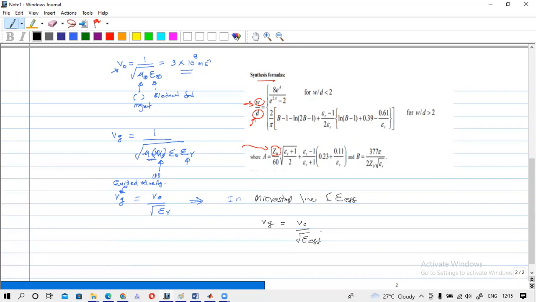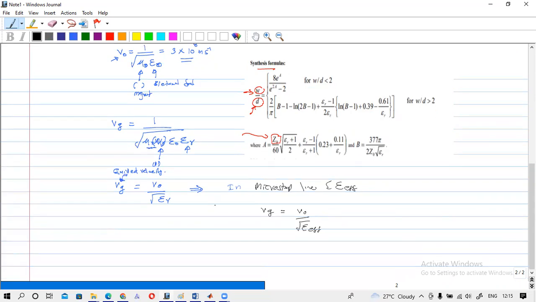You know that V is equal to F lambda, so lambda is also influenced by epsilon effective. So in a microstrip, the guided wavelength can be written using V equal to F lambda and this identity, and you can very easily prove this.